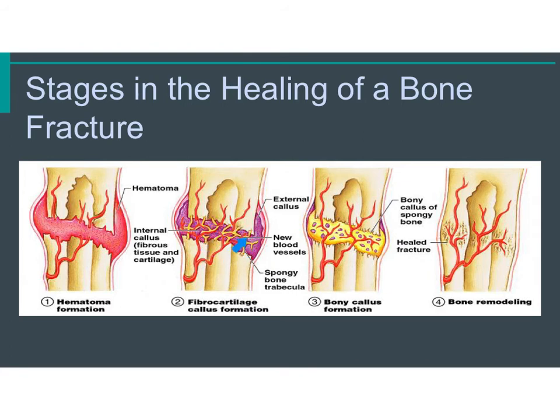Bone, that trabeculae, that spongy bone that we saw at the ends of the long bones, starts to form. You get the rougher bony callus there, so see that it's not super neat. But then the bone gets remodeled and you get a healed fracture.